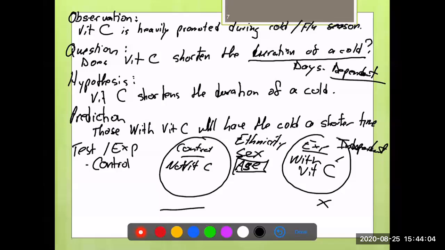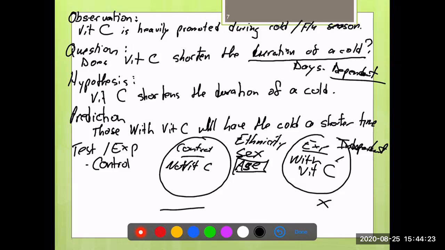And because the experimental group doesn't have senior citizens and doesn't have babies and toddlers, they're going to have more individuals with a robust immune system. And therefore, they're probably going to have the cold a shorter period of time. And it's going to make it look like vitamin C is great for you.